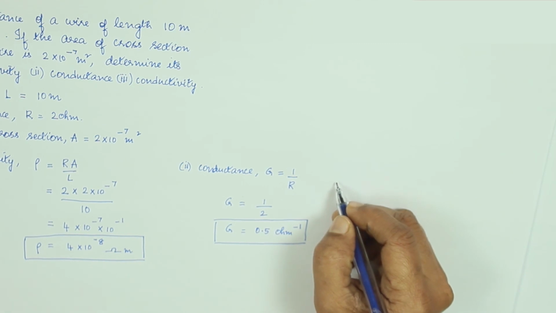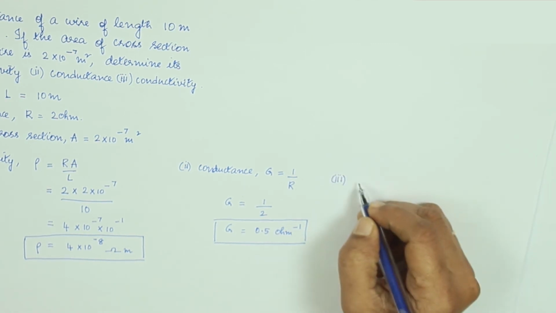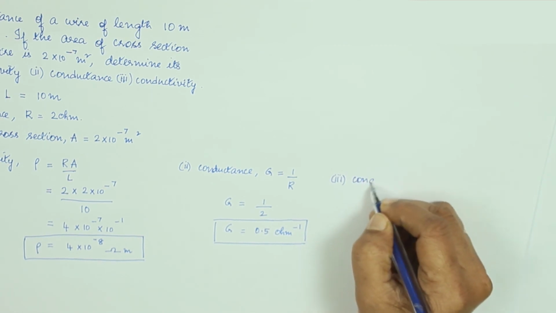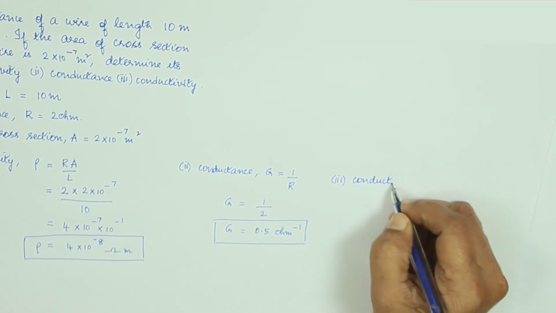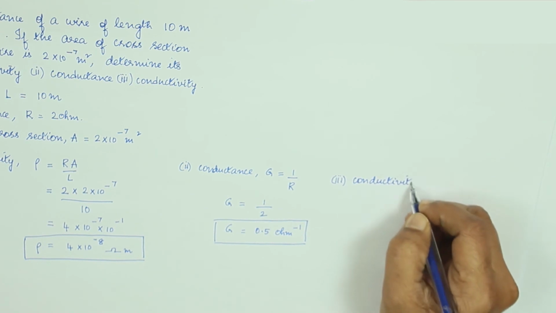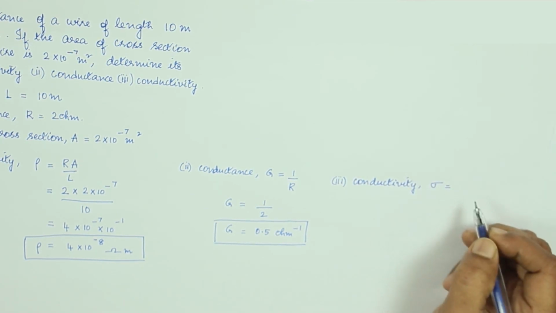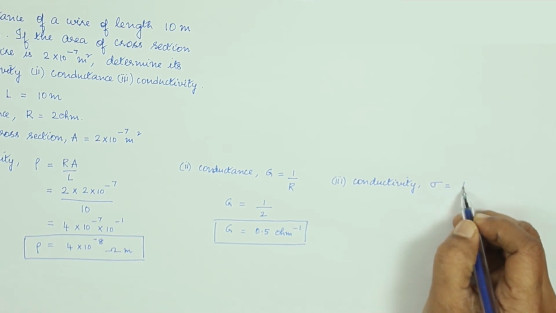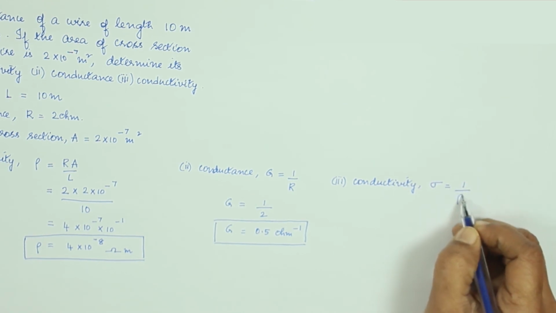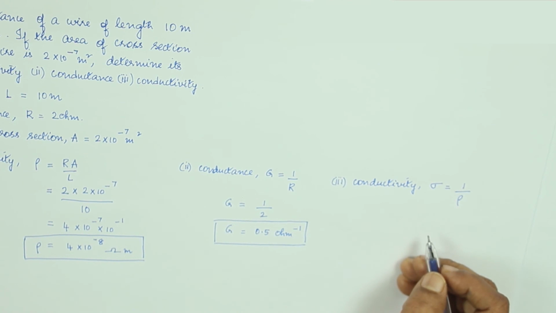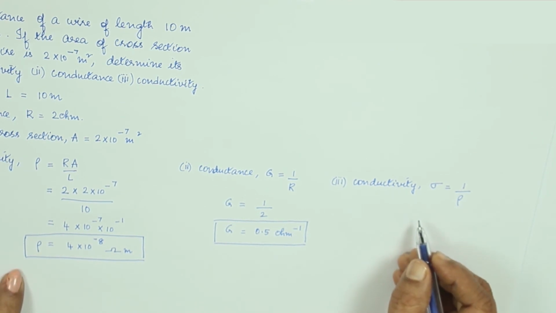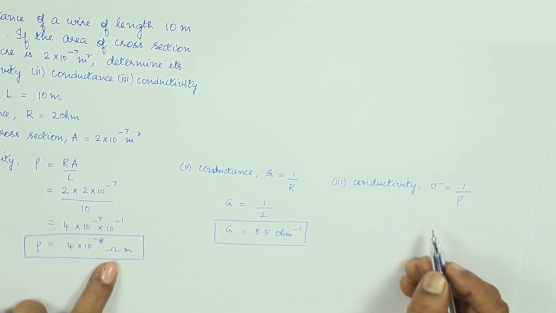The next is conductivity. The third part is conductivity. The conductivity is given by the symbol sigma, which is nothing but the reciprocal of the resistivity. So sigma is equal to 1 by rho. In the first part of the problem we already found resistivity 4 into 10 power minus 8.